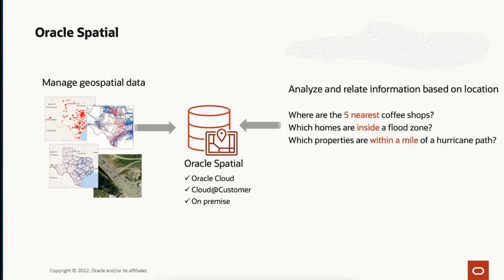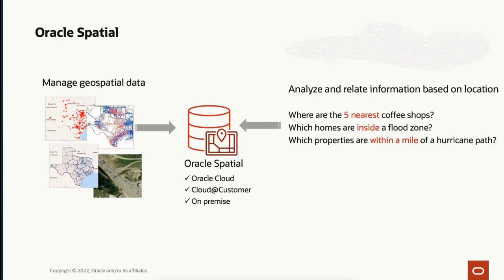And then once again, what that affords you is the ability to analyze and relate, tie data and information together based on location. So where are the nearest, for example, coffee shops to my location or to a particular train stop I'm going to be departing from? Which properties that I manage are at risk from being within or near a flood zone?